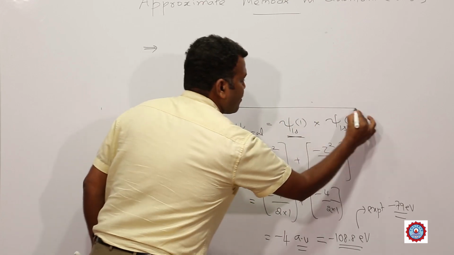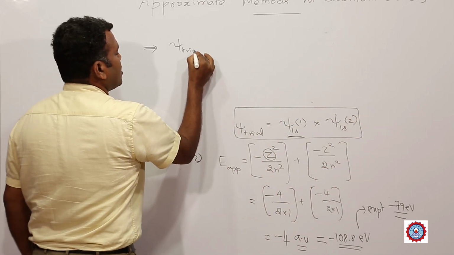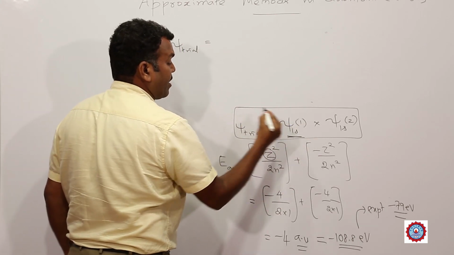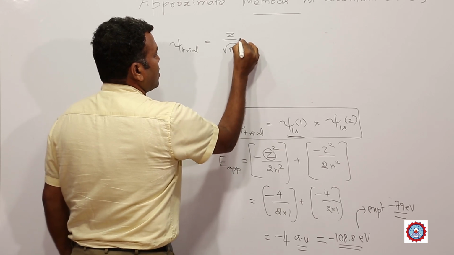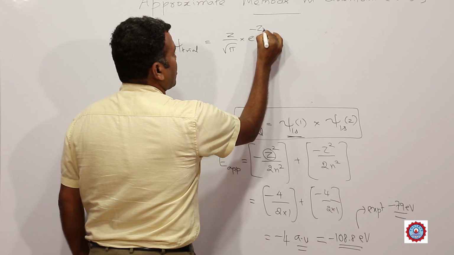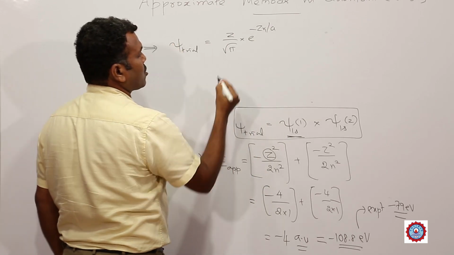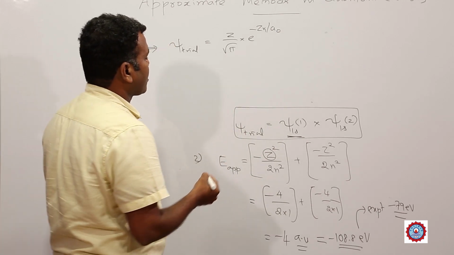So, this is our trial wave function. The trial wave function can be given as the 1s orbital of the hydrogen atom, which is z by root pi into e power minus z r by a naught. I will take this as electron 1. So, z r1 by a naught, where a naught is the Bohr radius, the constant.